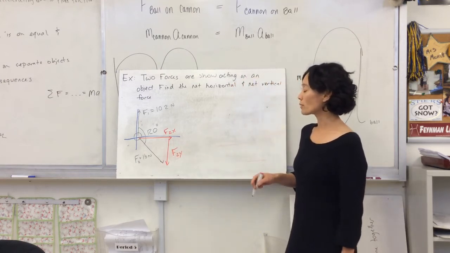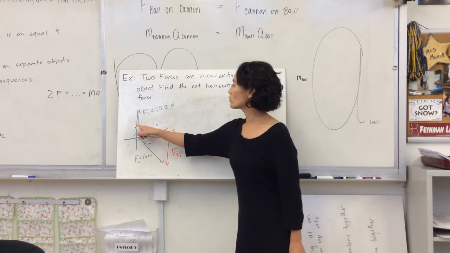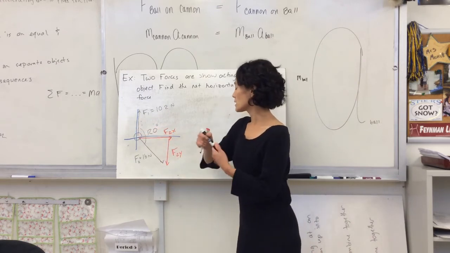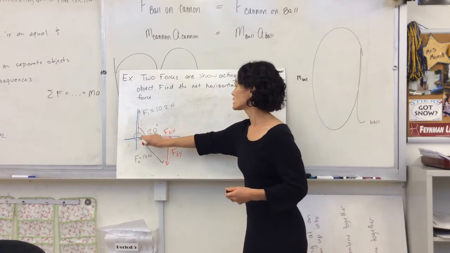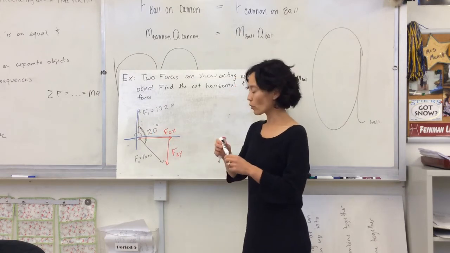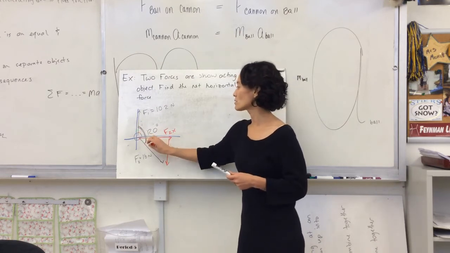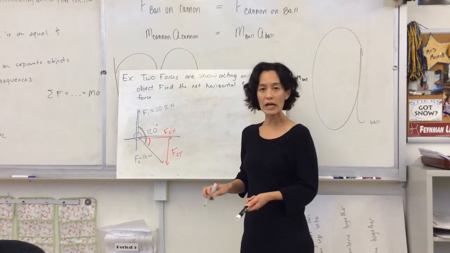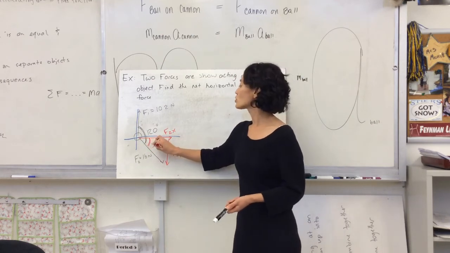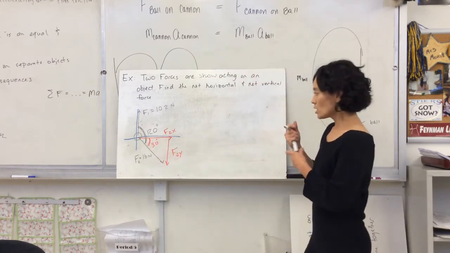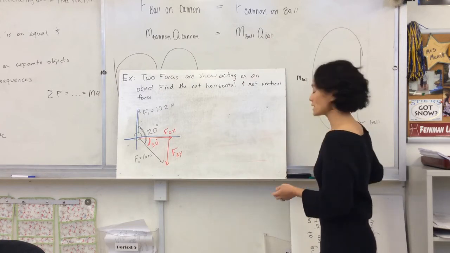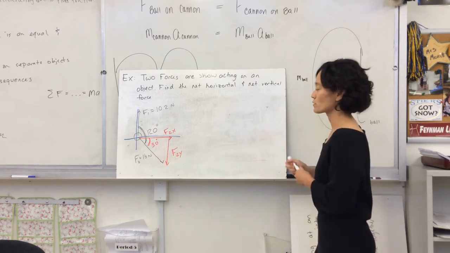From the initial problem, you were told that this entire angle is 120, and we know that for any axes this is 90 degrees, so that means that this inner angle here is 30 degrees. So you can see how we could use sines and cosines to figure out what F2x and F2y are.